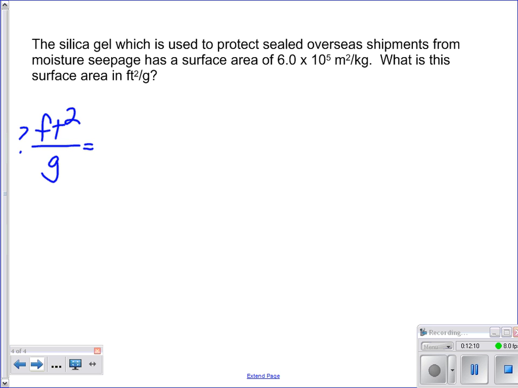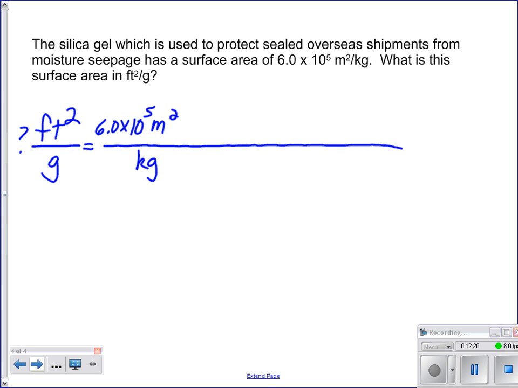And we're starting with 6.0 times 10 to the 5th meters squared per kilogram. And the only thing that will make this more fun is if I choose somebody from this group to do this. We will be back.